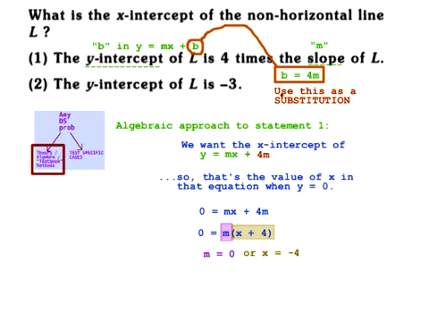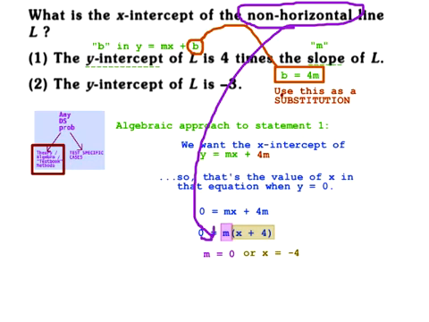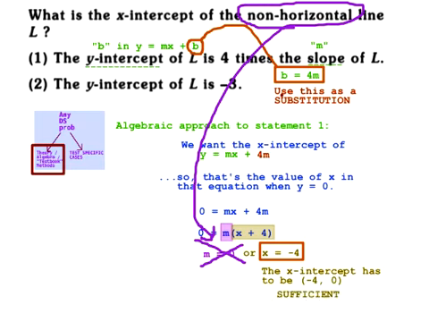Yeah, we know that the line is non-horizontal. So m is 0 means you have a flat line with horizontal slope. So this rules out this. And so that means the only case that is left is this. So the x-intercept has to be -4, 0. And so that's sufficient.